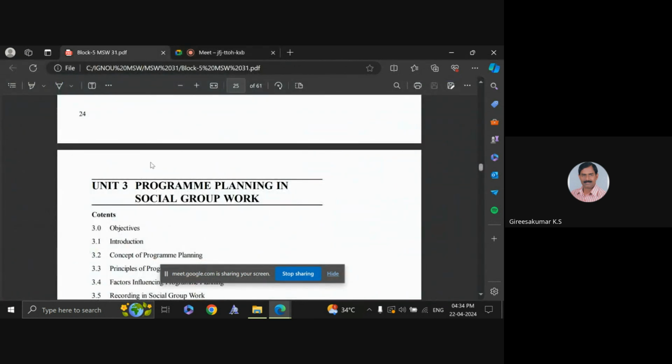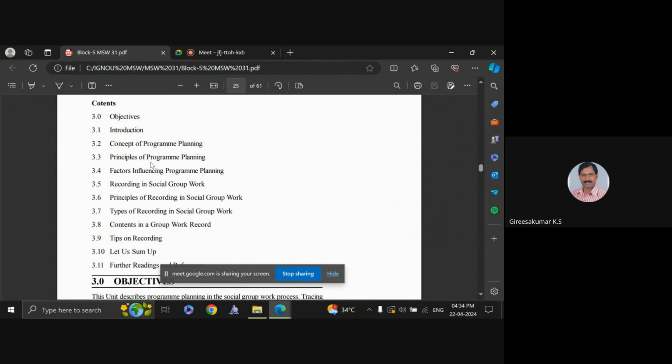So, what is program planning? Concept of program planning, principles of program planning, factors influencing program planning, recording in social group work, principles of recording in social group work, types of recording in social group work, and contents in a group work record. These are all the points discussed in the third unit.